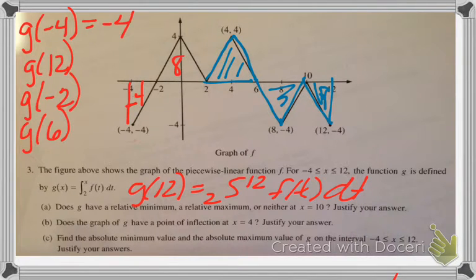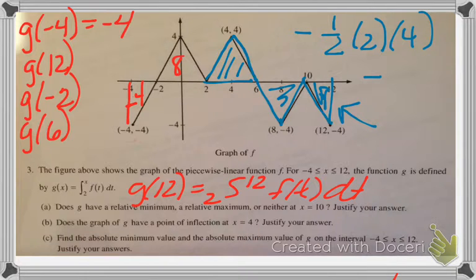Now you can see that the triangle that goes from x equals 2 to x equals 6 is the exact same size as the triangle that goes from x equals 6 to x equals 10. So one's positive, one's negative, and they're going to cancel each other out. So all we have to do is to find the area of this triangle down here, which is below the axes, so it's negative. So it's going to be 1/2 the base times the height. So half of 8 is equal to -4. So g of 12 is -4 as well.